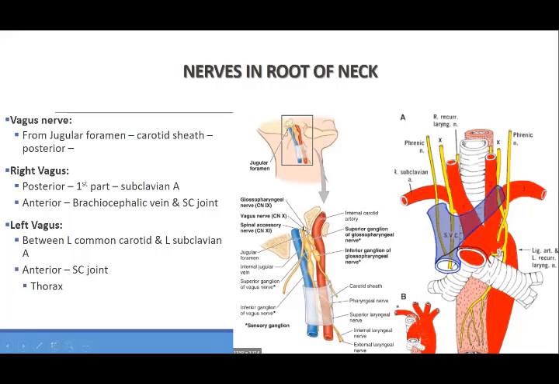So the 10th cranial nerve, ये जो middle में है, this comes out of the jugular foramen and enters into the carotid sheath. क्योंकि मैंने आपको बताया था, the carotid sheath was attached around the jugular foramen and the carotid canal. So the 10th cranial nerve, the vagus nerve, as soon as it comes out of the jugular foramen, it enters into the carotid sheath. Okay?